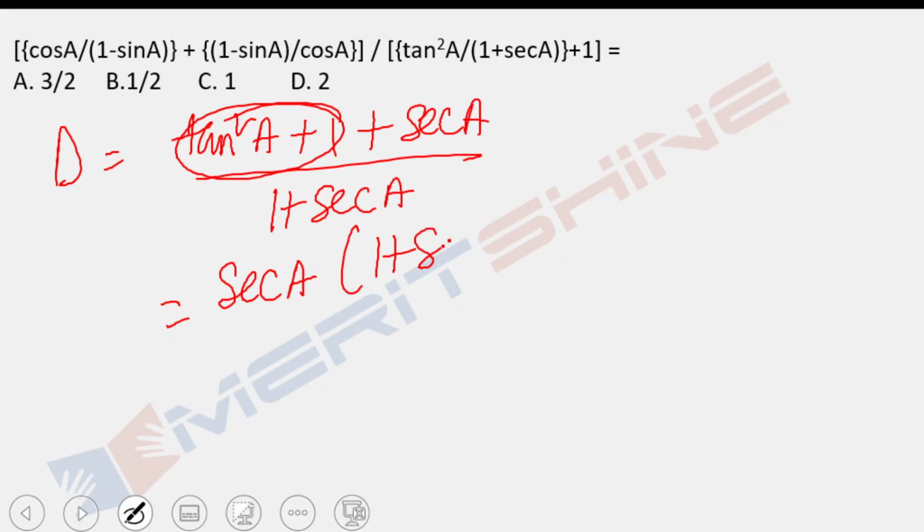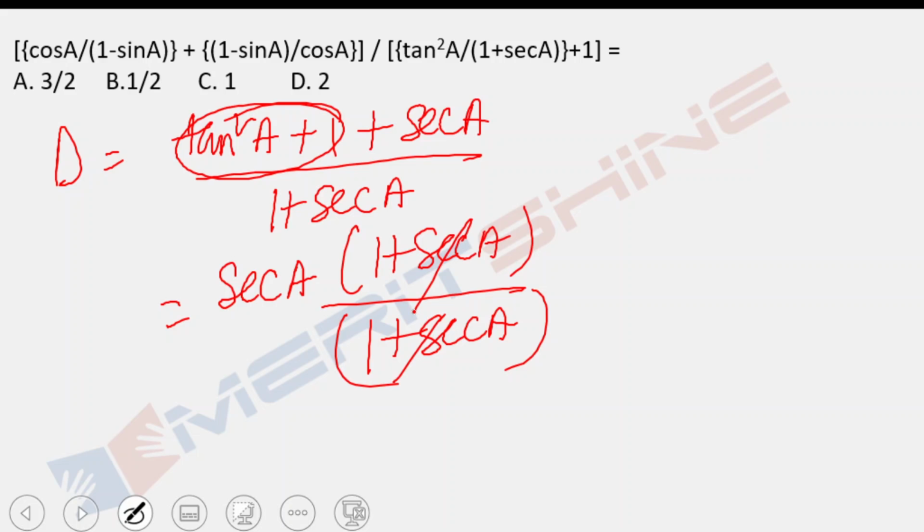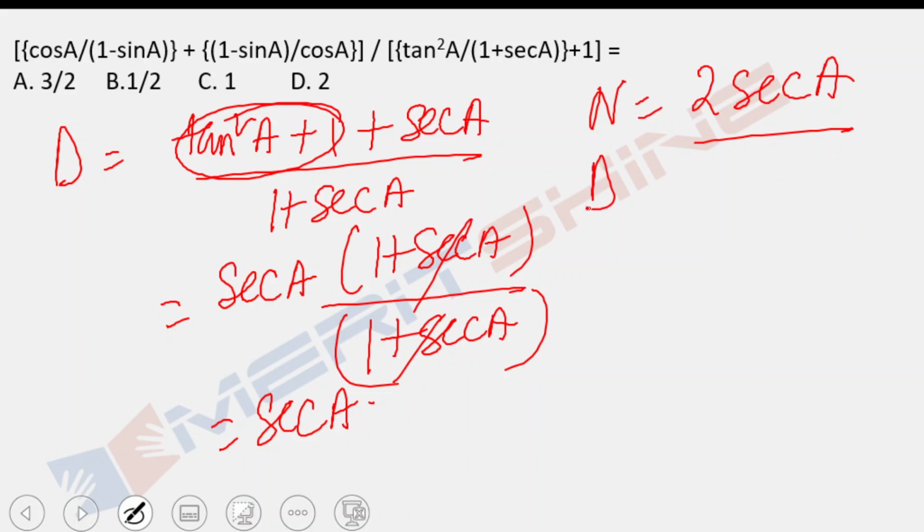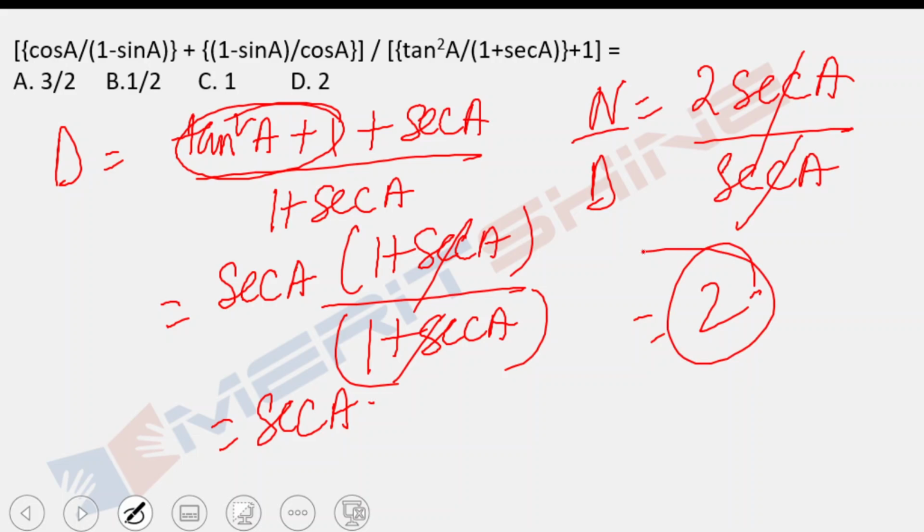So you will have 1 plus sec A in bracket, and here also you will have 1 plus sec A in bracket, which gets cancelled, and you have sec A. Right. So you remember, 2 sec A was your numerator, and your denominator now is sec A. So 2 sec A divided by sec A is equal to 2. Your answer should be D. Answer D. Okay? This is your answer.